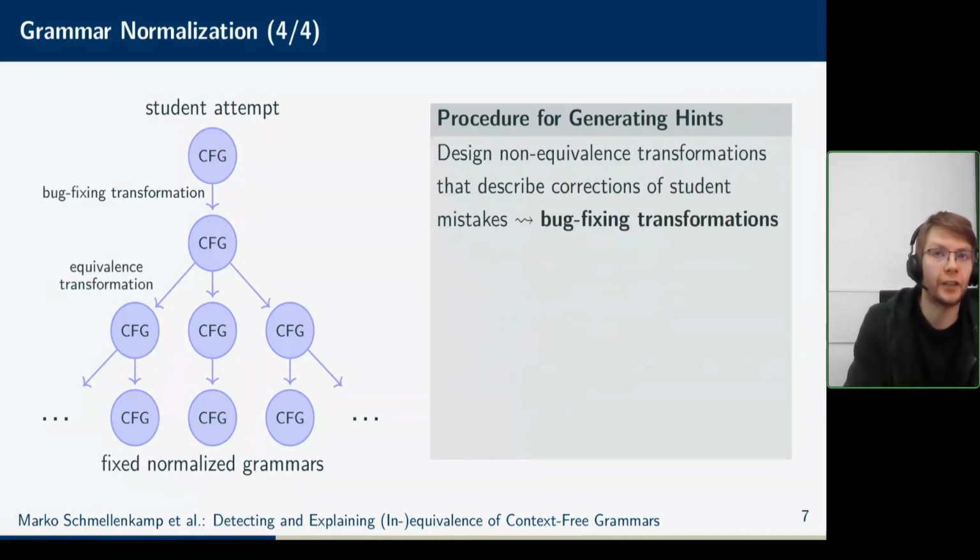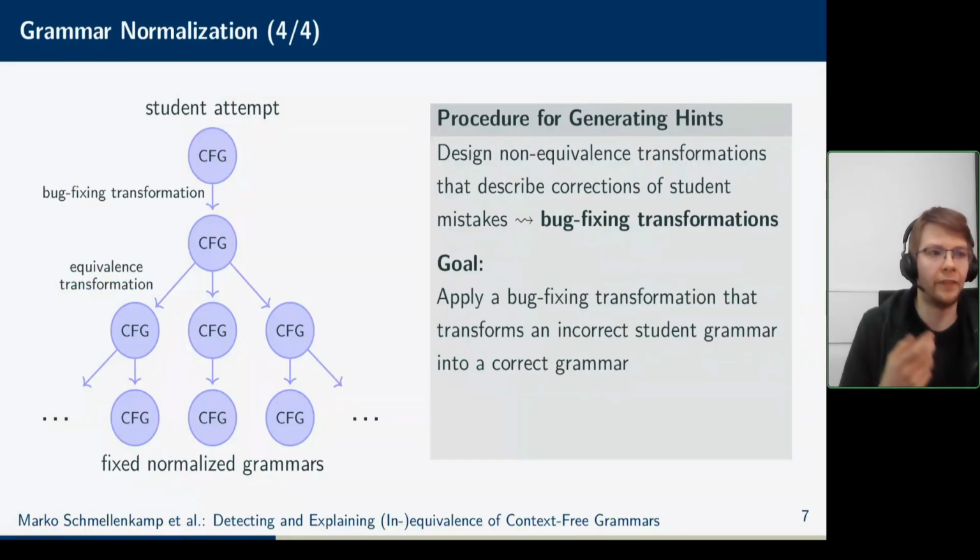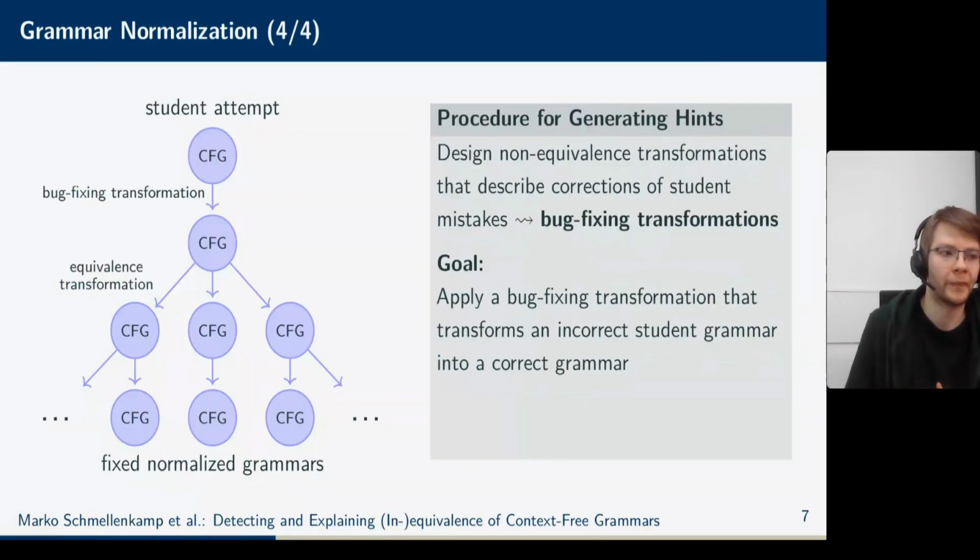Now, if you want to generate hints, like telling them this is what you did wrong, look at this rule, then we can use non-equivalence transformations. We call them bug-fixing transformations, and they describe corrections of typical student errors.